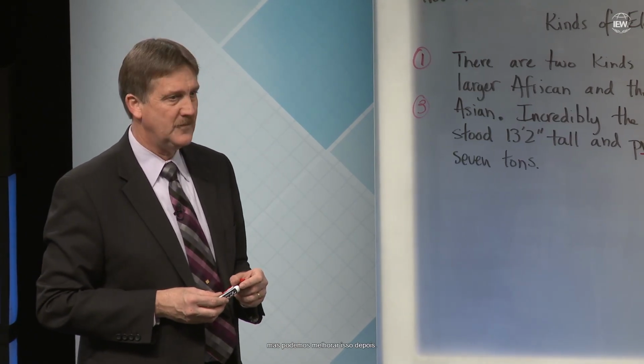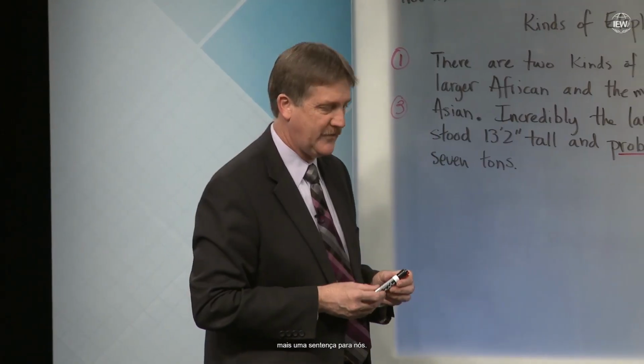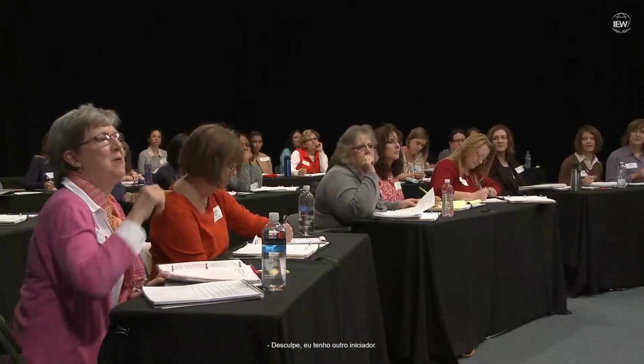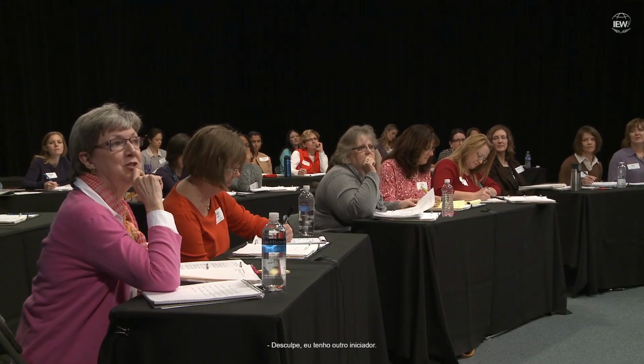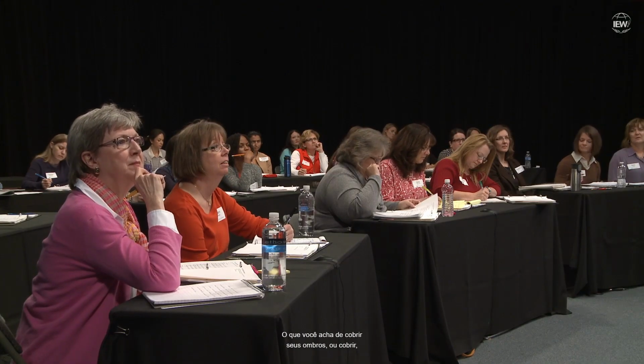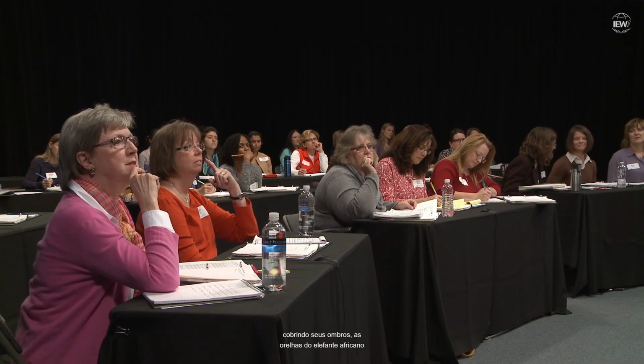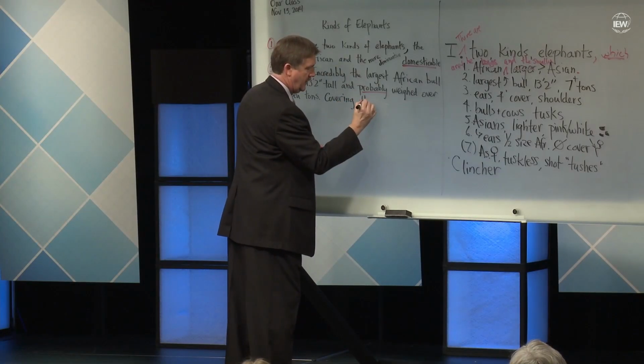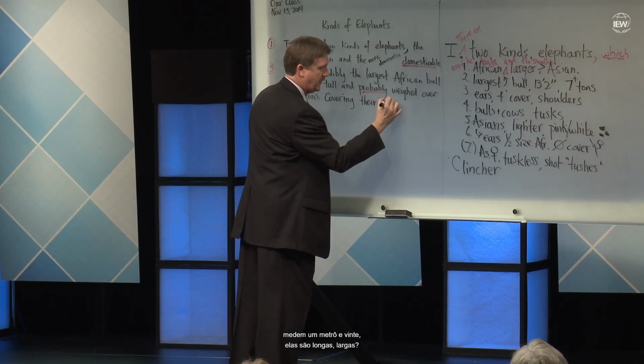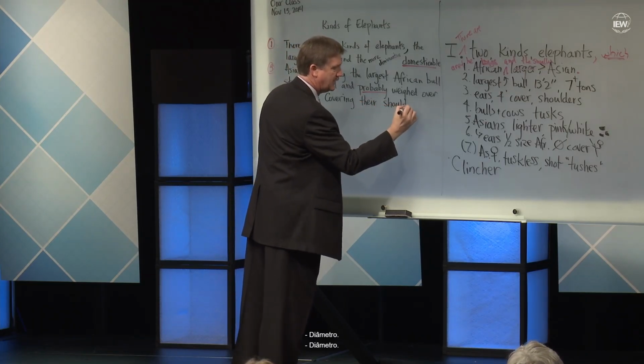So, Jean, you look like you're ready with another sentence for us here. I'm sorry, I have an ING opener. How about covering their shoulders? The African elephant's ears are 4 feet wide.